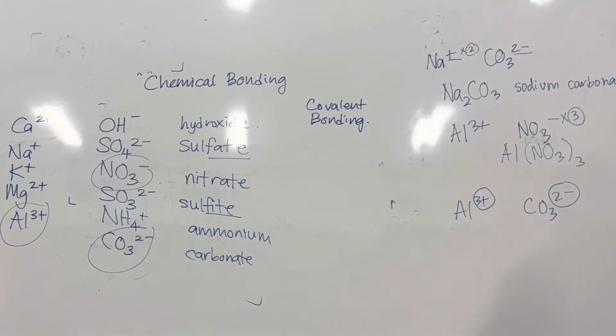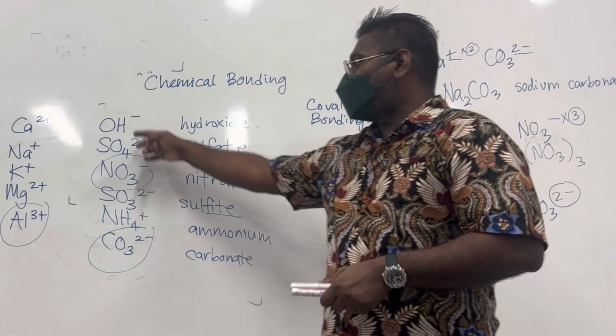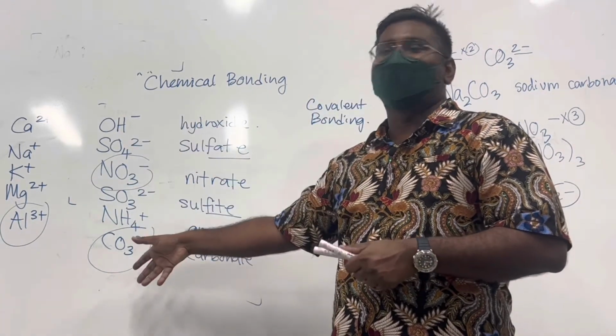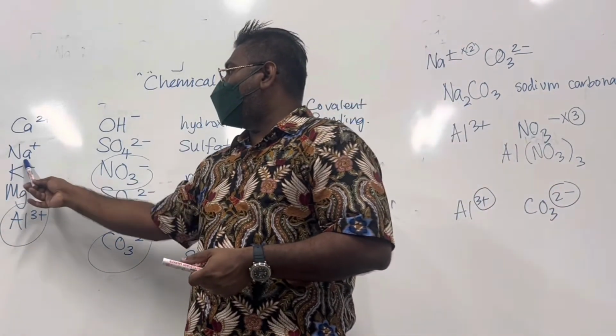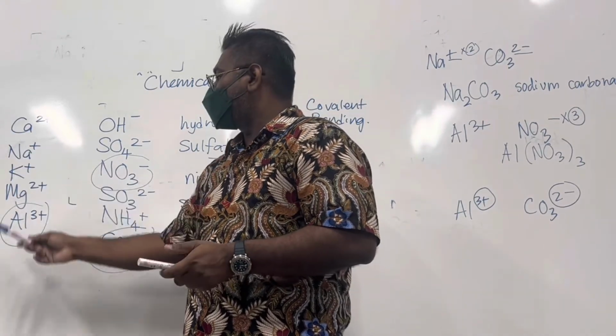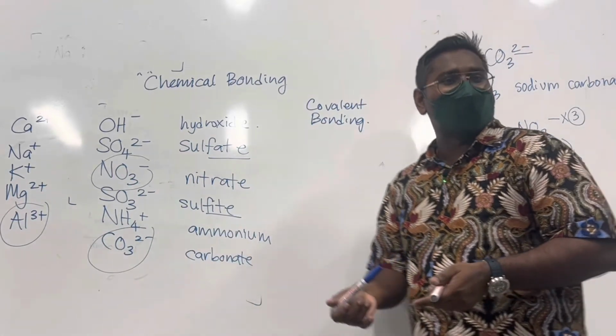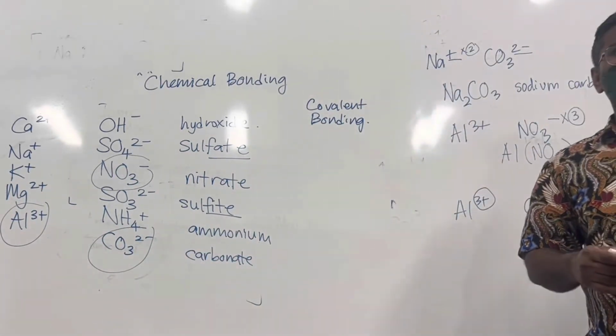Aluminium, A is capital, l is small. You can remember it in that way. If you see over here, all of them are capital letters, so they are all different elements. This is one element, capital and small. Capital and small, so one element. That will be another way to memorize this.